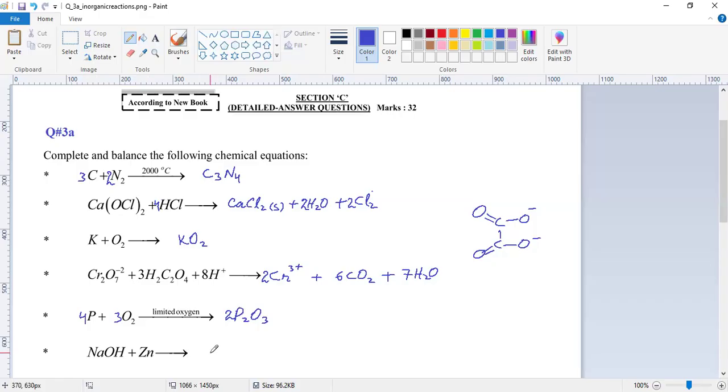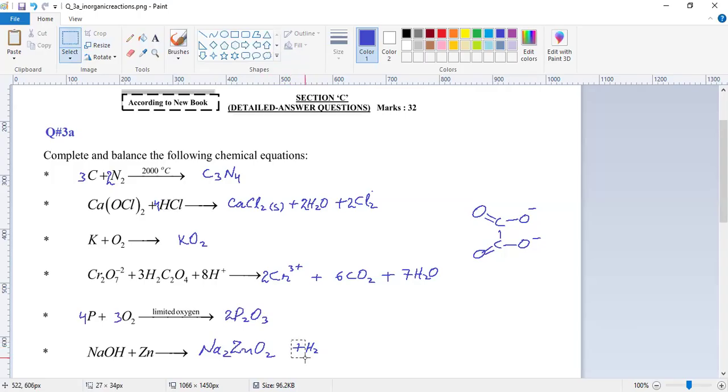Now when zinc reacts with sodium hydroxide in excess, then it produces sodium zincate. And the formula of sodium zincate is Na2ZnO2, and hydrogen gas is liberated there. Now we are to balance the equation.